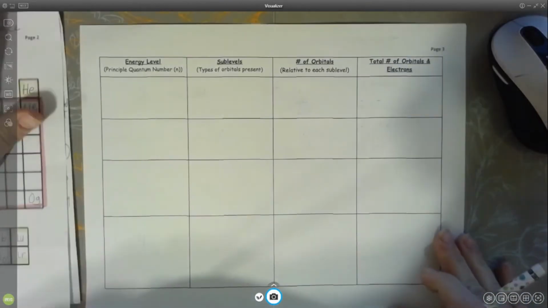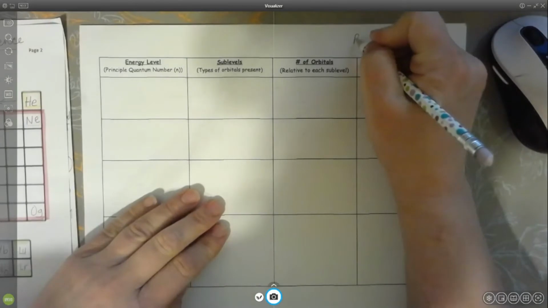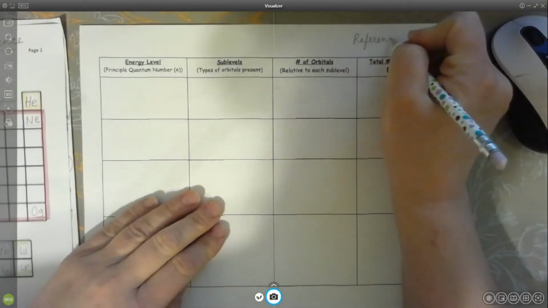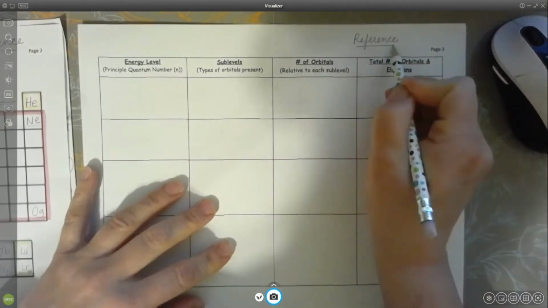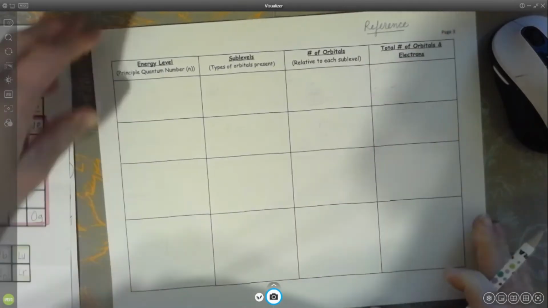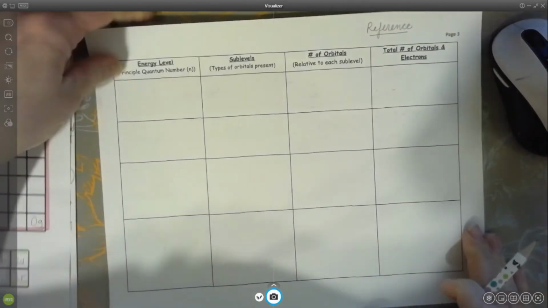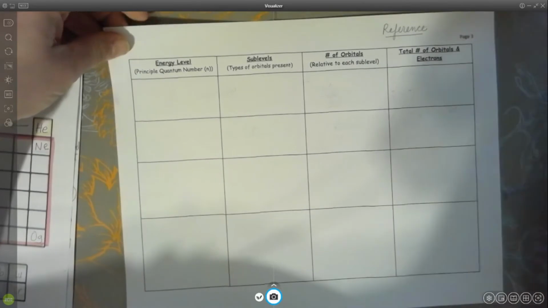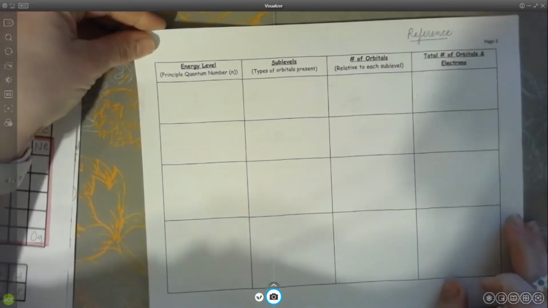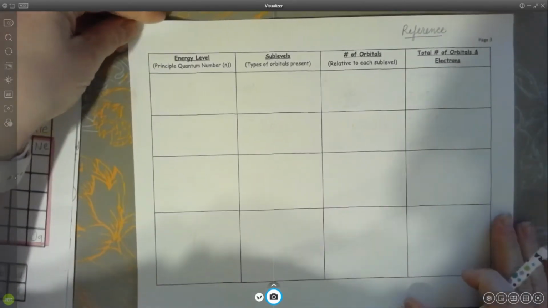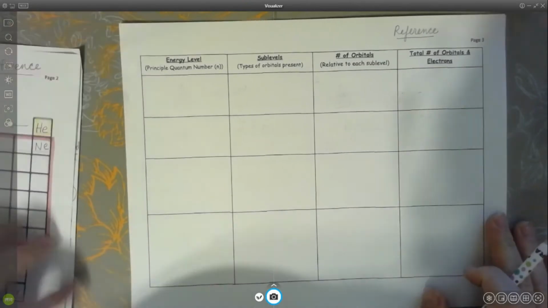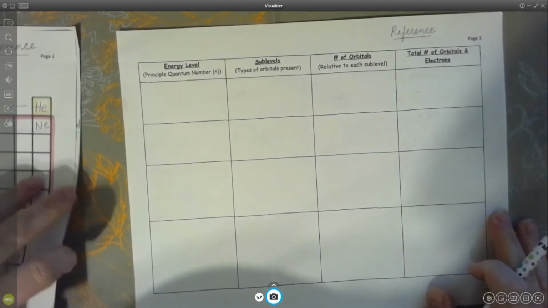Now we're headed on to the next page, page 3. This is also going to be a reference for you, meaning you need to go back to it over and over again. When we first start learning about the quantum mechanical model and the electron configurations, it can be confusing at first, and it helps to go back to our references.